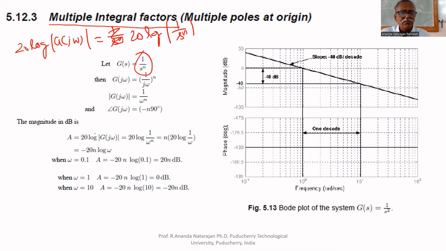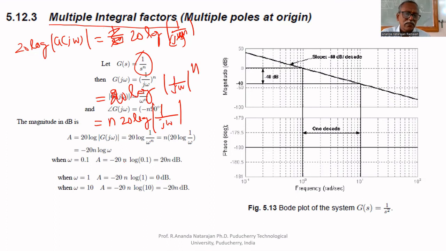So that is equal to n times, since this can be written as 1 by s whole power n, n times 20 log modulus of 1 by j omega to the power n.